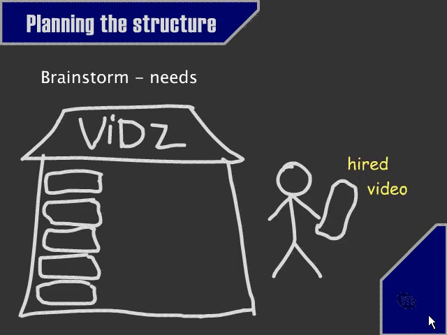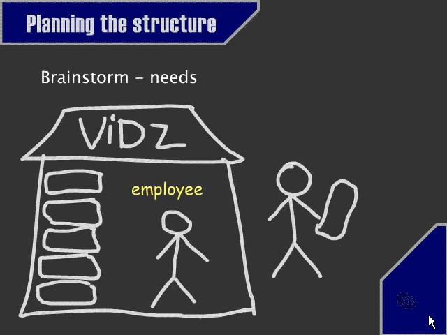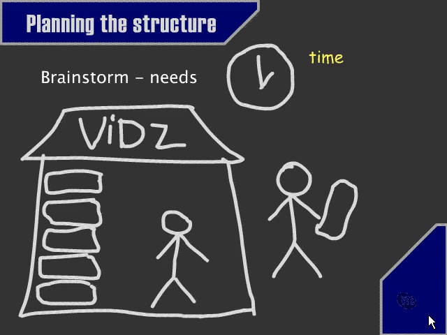Customers, the video that the customers hired is maybe a separate concept from the videos in stock within the video shop. There's also an employee to serve the customer, and the time I think is important as well, because video rental shops generally charge late fees for videos that aren't returned on time.